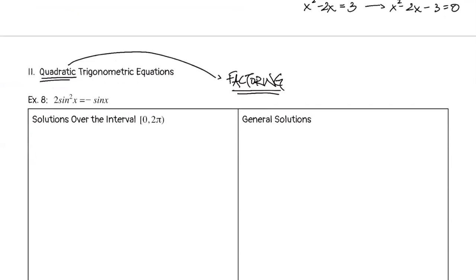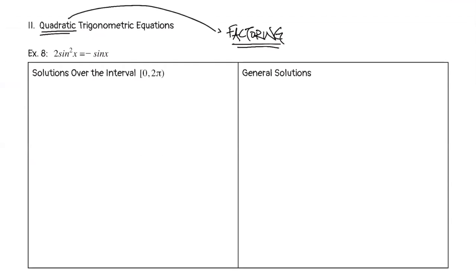Okay, so let's take a look at this example. I look at this, I see the sine, and I see the squared, and we are not jumping too many steps here. So I want to make a few things really clear, okay?